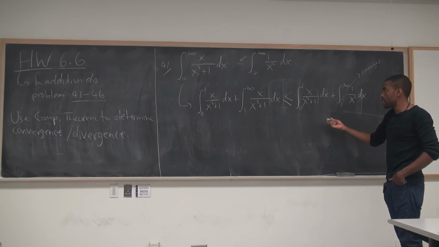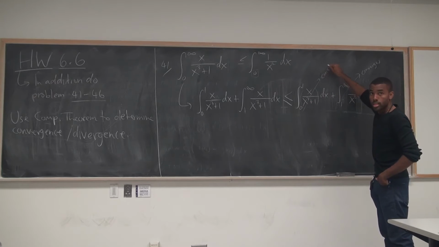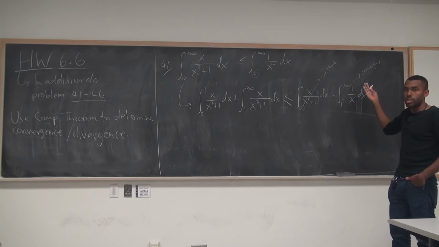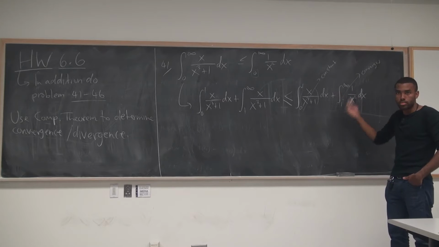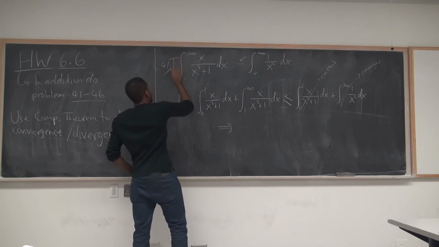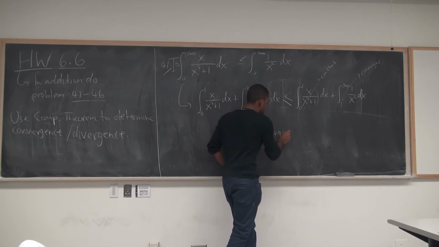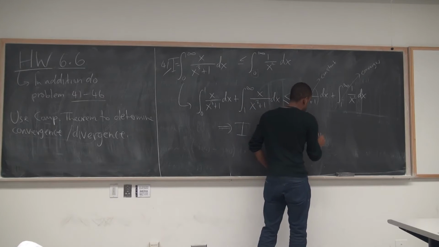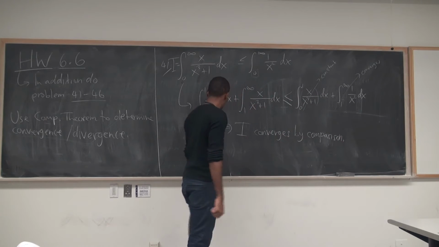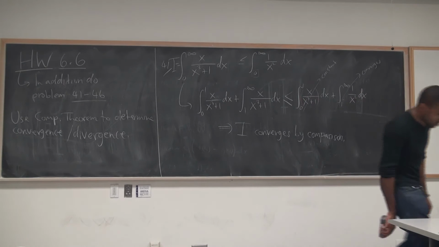Everything is fine, and I have a definite integral, which means this guy is going to be some constant. So this is just a number plus something else that I know converges. So I'm just adding two numbers. So by comparison, if I call this I, it converges. That was a slightly tricky one because you sort of have to split it in two.